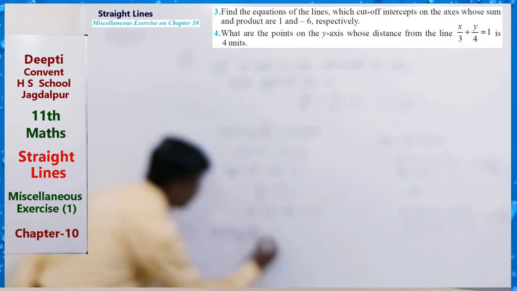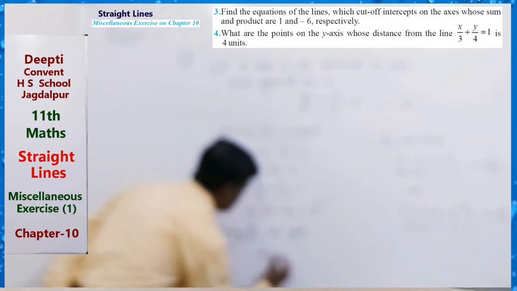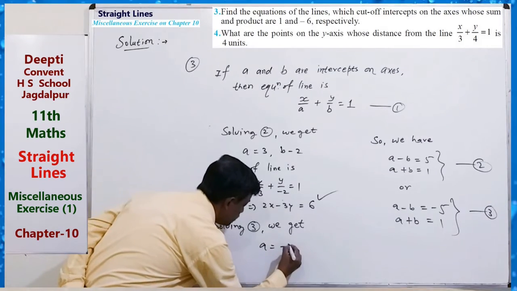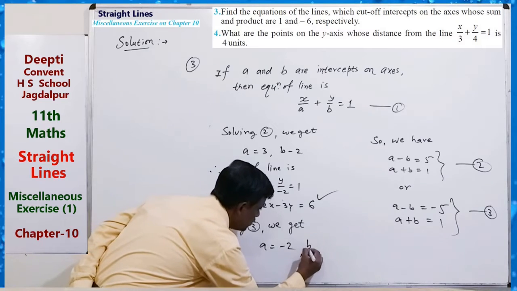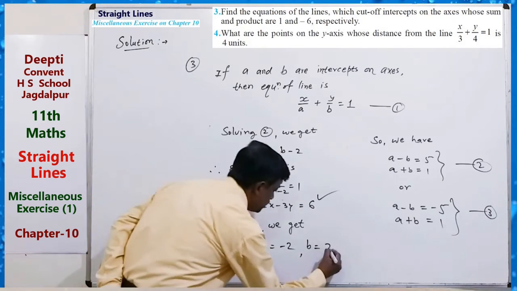And in the second case, solving, we get a equals what? Adding, 2a equals minus 4, so a equals minus 2 and b equals 3.